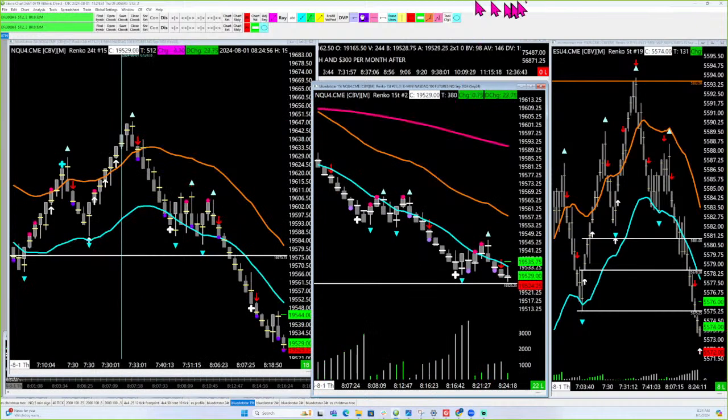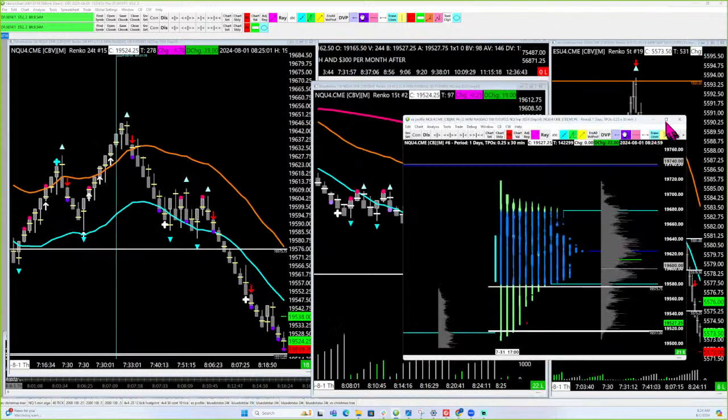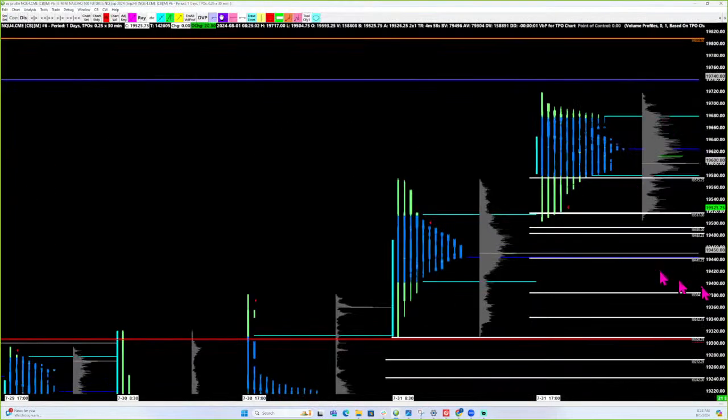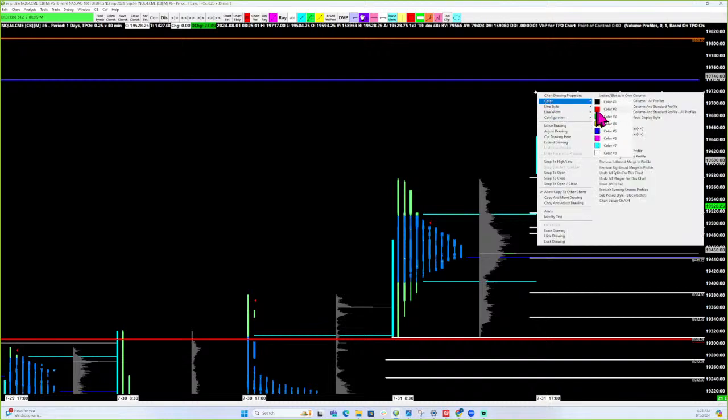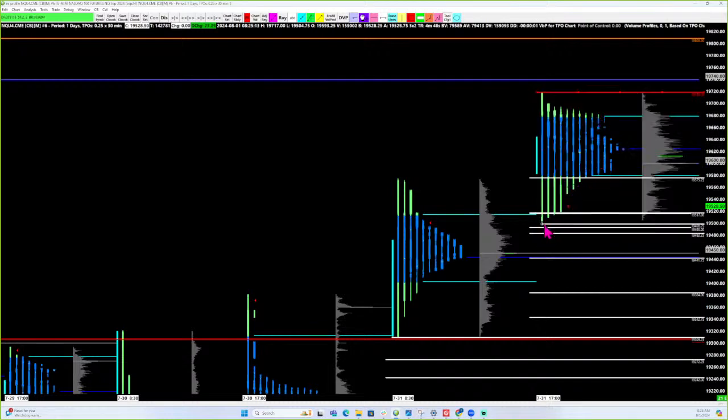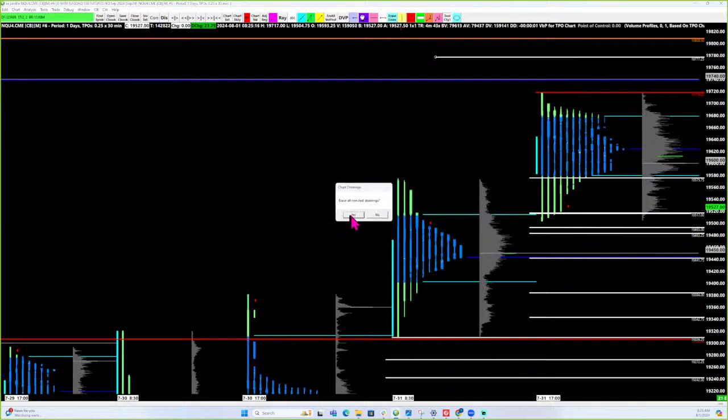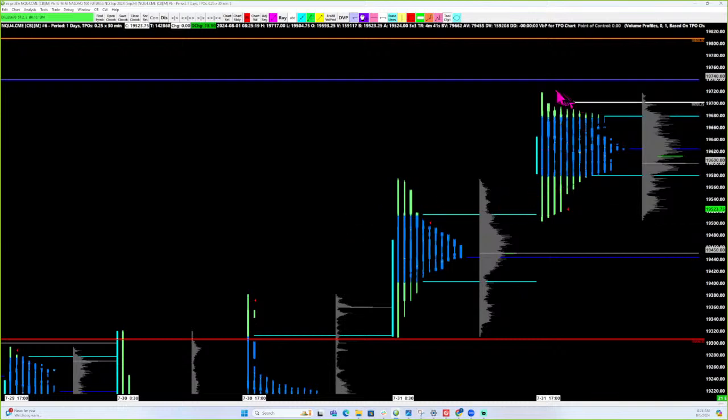We're in a little bit of a downtrend. Let's get this chart over here and just mark off quickly the important areas. Okay, so this is overnight. I'm just going to mark this chart up. Globex high. We're near Globex low. Oh, let's erase these lines. Sorry. There we go.